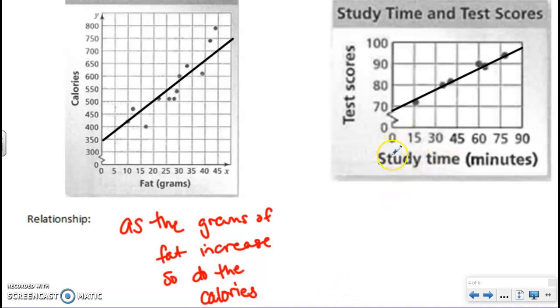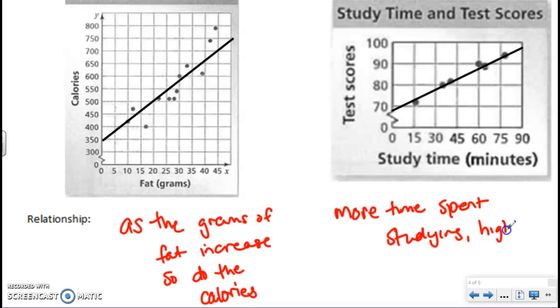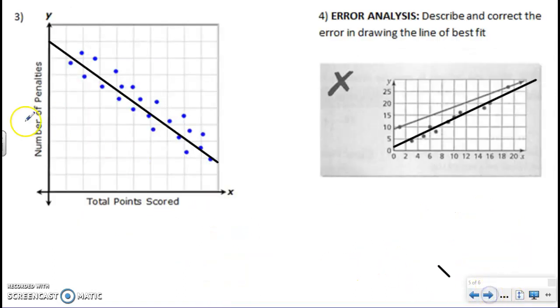Next one, the more time spent studying, the higher the test scores. Imagine that. And then the last one we'll talk about is this one. As the total points scored decreases, the number of penalties decrease, which is very interesting.